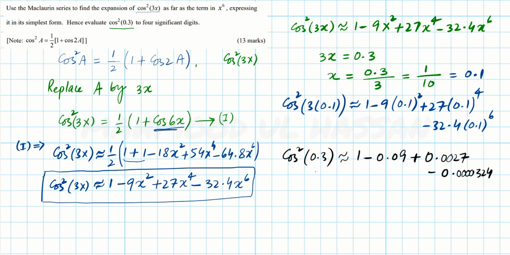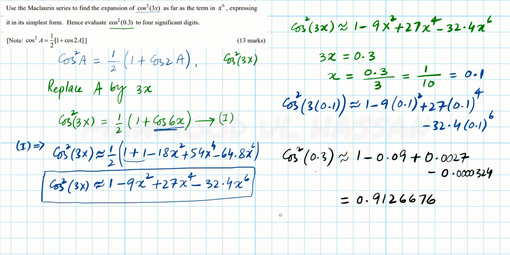Okay, so then we have to add all these terms. So 0.0027, then minus 0.09, then plus 1. Yeah, so that is going to be equal to 0.91266676.